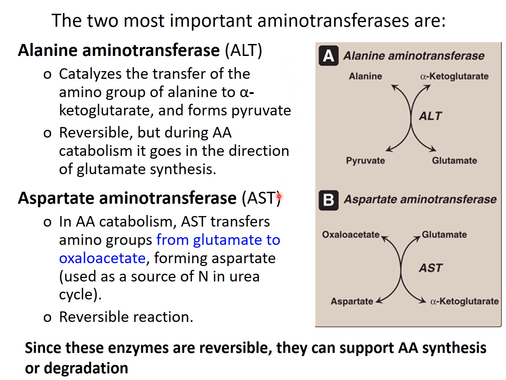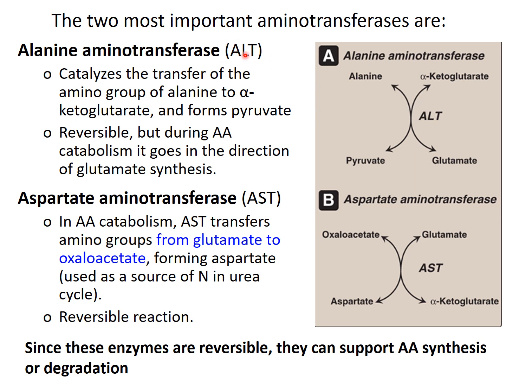Because they take the amino group, after channeling from amino acids, to alanine or to aspartate. Now, this is alanine aminotransferase or ALT, and this was in olden times called GPT.